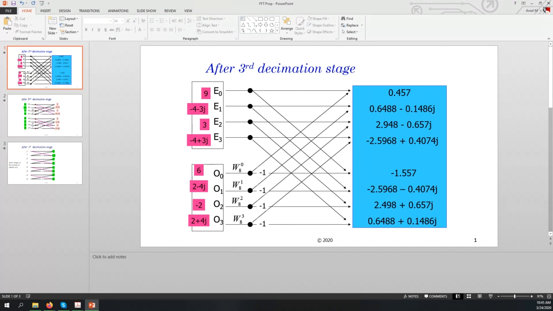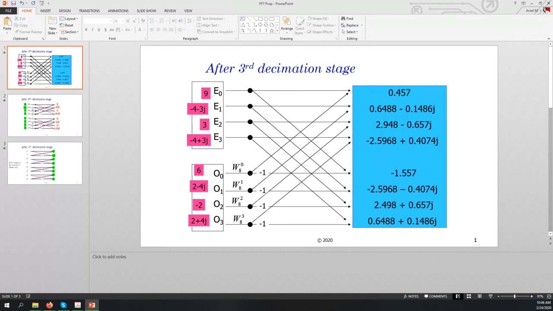So if we watch the output here for this one and this one accordingly, because it's been mapping accordingly to each one of these calculations, we can see here that this one is going to be E naught going across here, plus O naught, W8 of naught multiplied by that O naught, to give us 0.457.